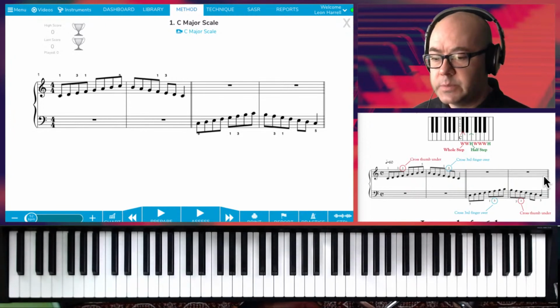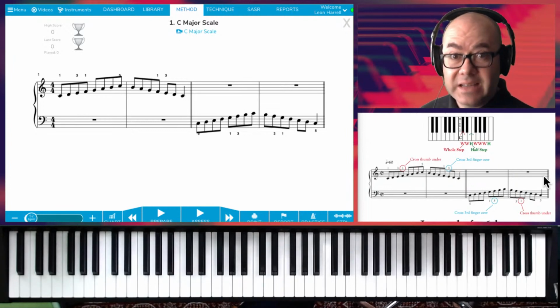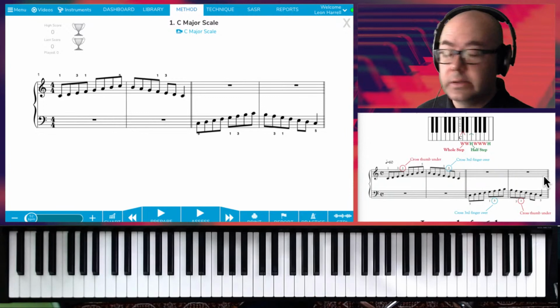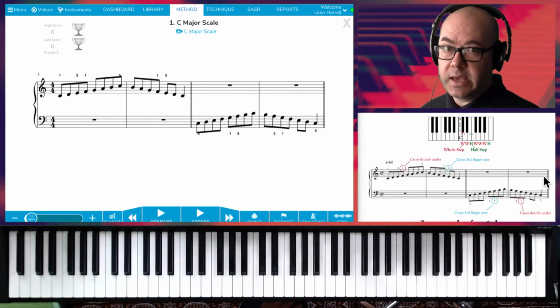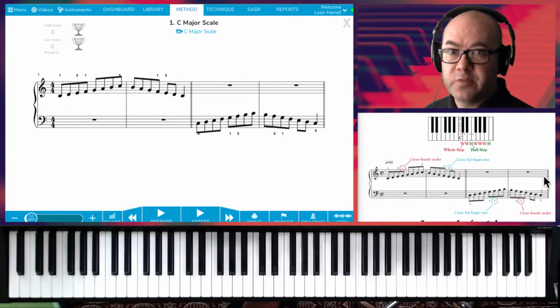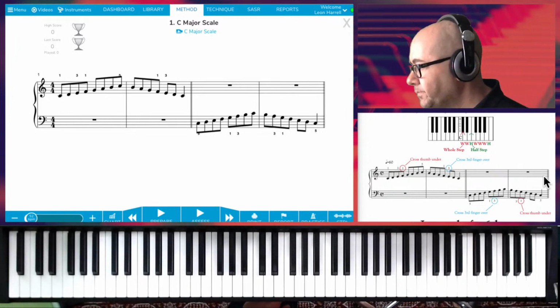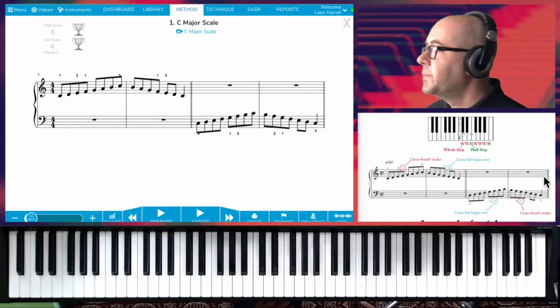So many concepts in music theory align very nicely to the piano keyboard, because the piano keyboard is in alignment with the way that music notation and music theory are written. That's not always the case with other instruments. Fretted instruments in particular can be more challenging for connecting the dots on some of these things.